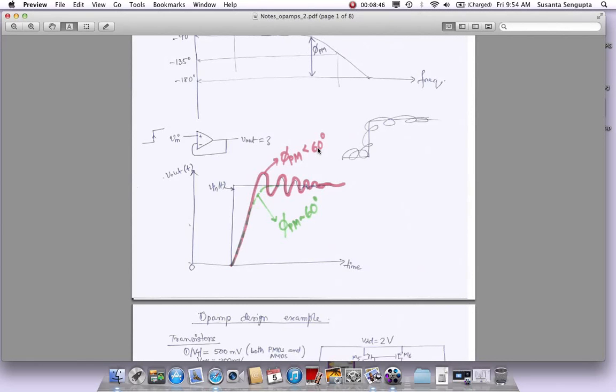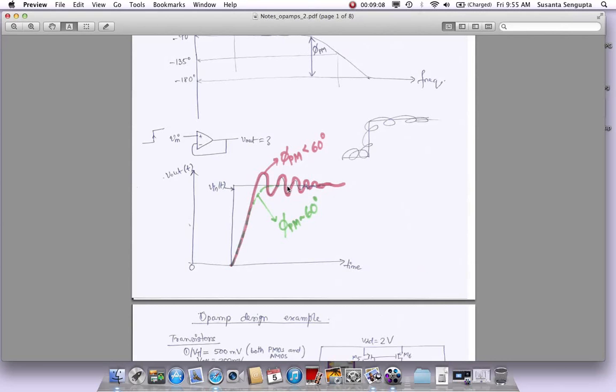There is an analytical expression somewhere where you can look at the number of ringings. If the number of ringings were 2, that means a phase margin of about 50 degrees or so. As the phase margin becomes worse and worse, you will see more and more ringings. As the phase margin approaches 60 degrees, you get a very good settling without all this.